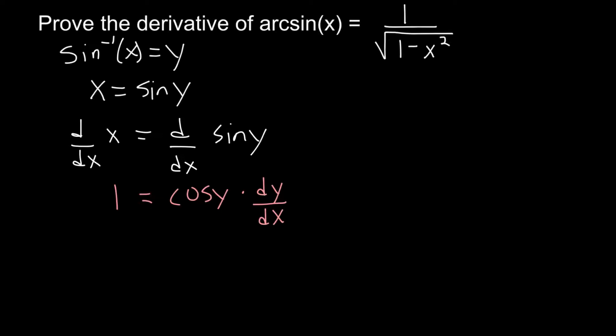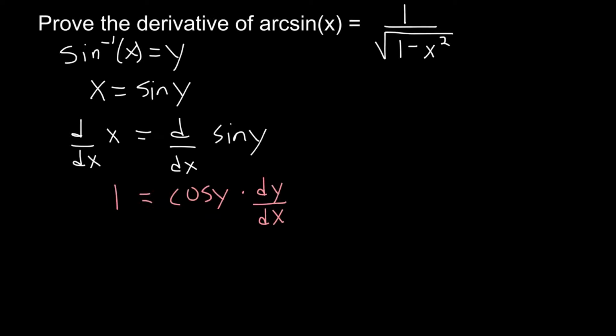So now we actually have here dy/dx. Since y represents sine inverse, this term right here is representing the derivative of sine inverse. All we need to do is to isolate for this term, and we'll be done.